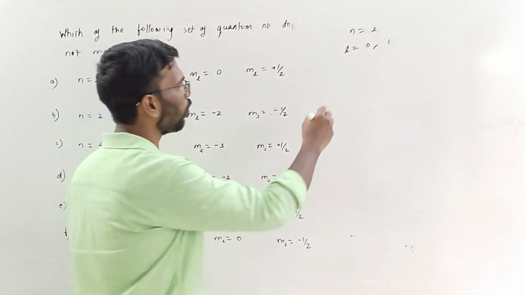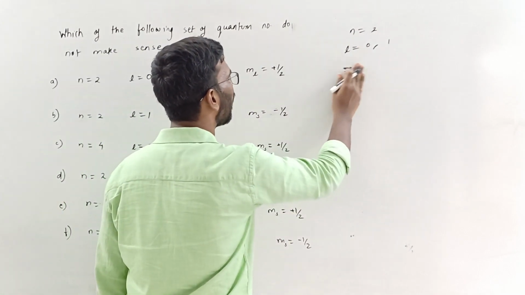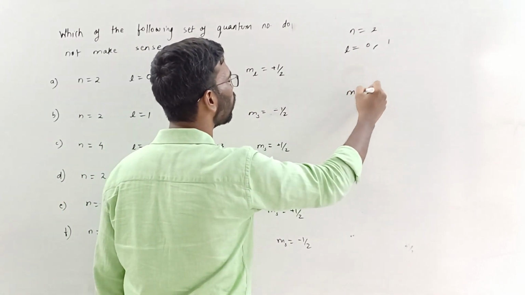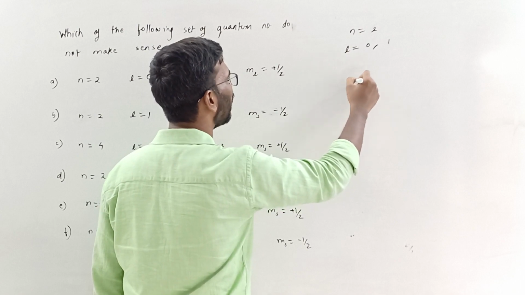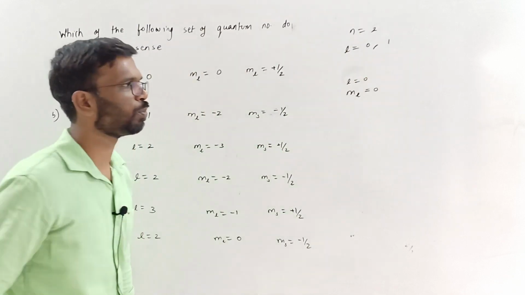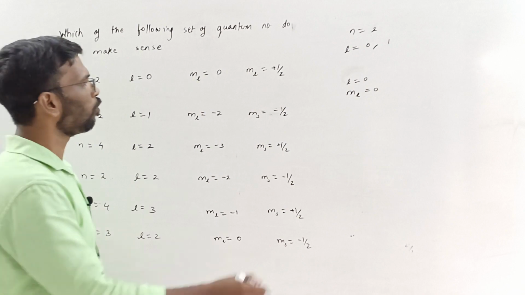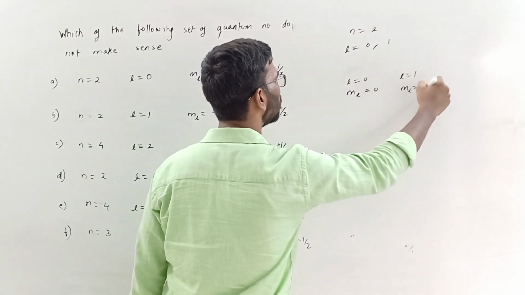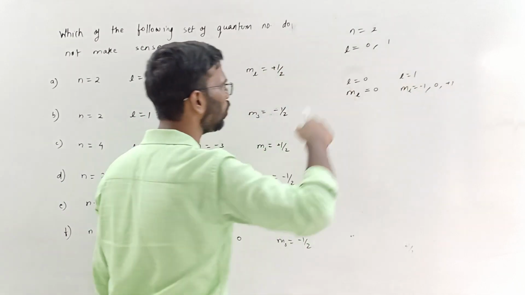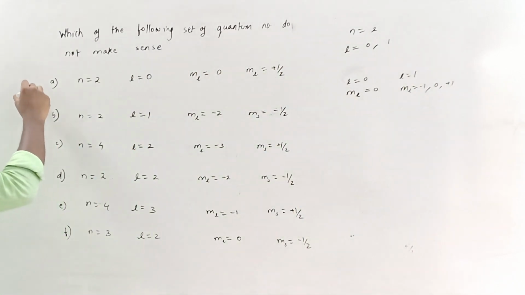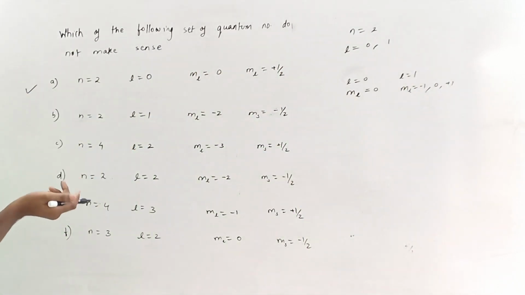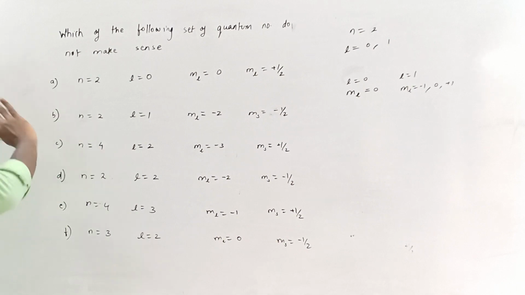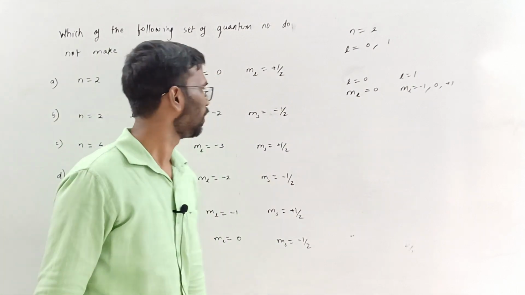What will be the possible values of ml for l equal to 0? 0 is possible, right? For l equal to 1, ml will be -1, 0, +1. It is possible. So this first option makes sense.